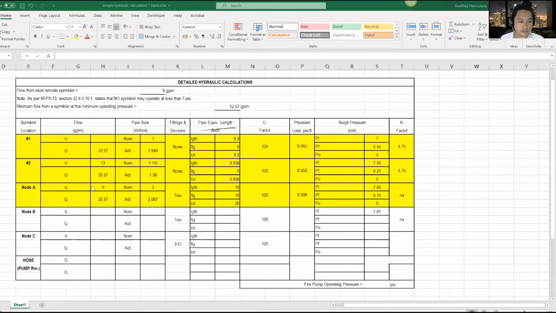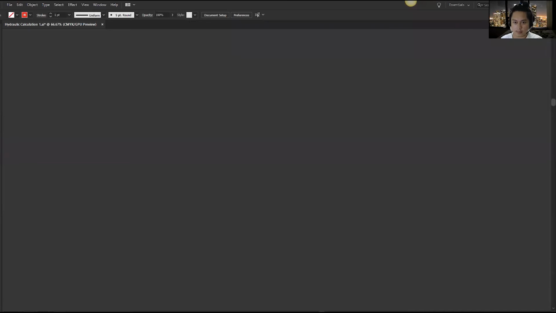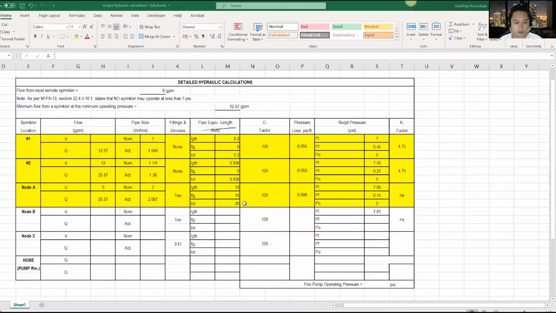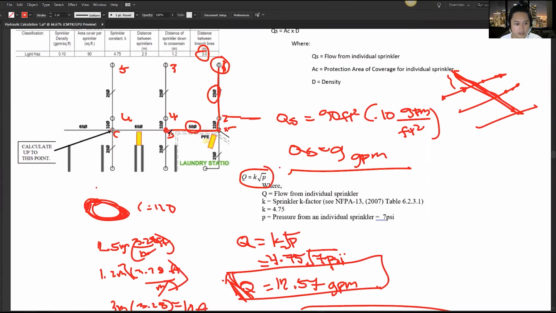Now, if you've noticed, let me get back to the problem. We're already at node B, right? So we're already done with this part here. If you've noticed in our table, we've got different pressures, 7.81 and 7.66, right? What we need to do is calculate the small q here because we're already considering the sprinklers.